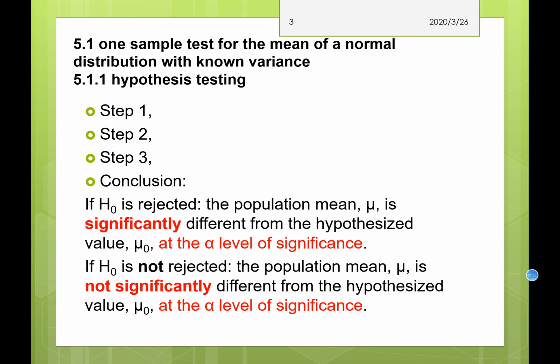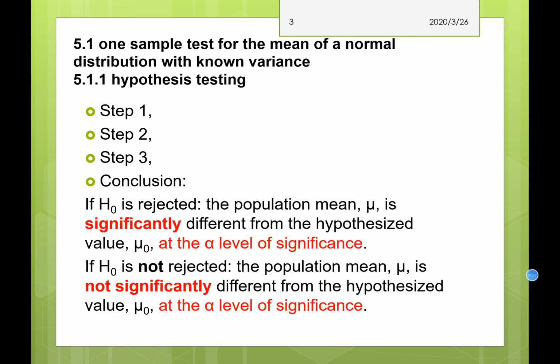And if H0 is not rejected, that means the population mean is not significantly different from the hypothesized value at the alpha level of significance.